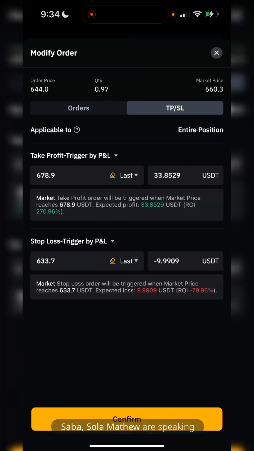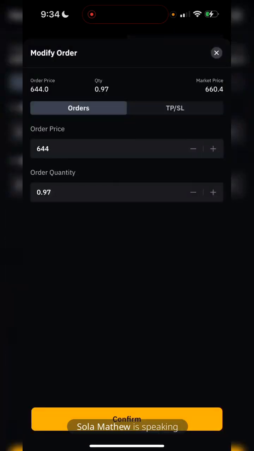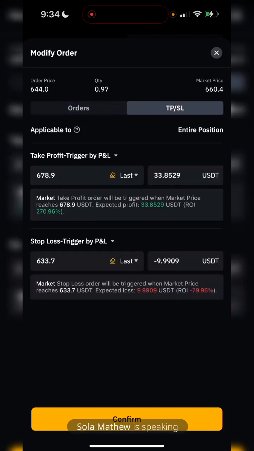But there's something else you can also do. Once the trade starts going up, you can come here and click on modify again. Once you click on modify, go to TPSL, take profit, stop loss.